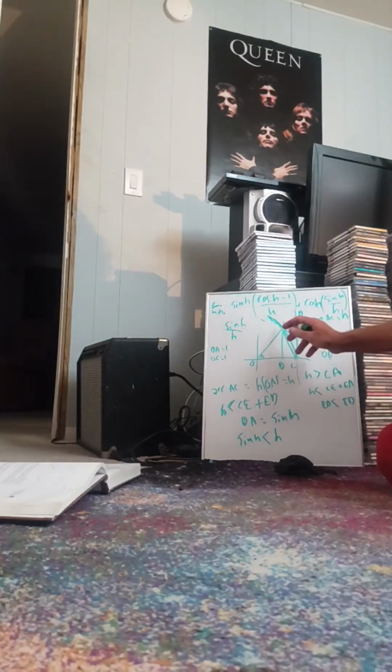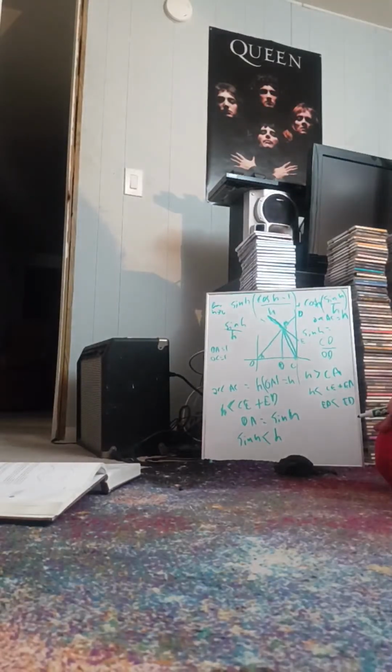And since the radius is 1, H is equal to the arc. So if arc AC is H and sine H is less than arc AC, which it is, then we have a little thing we can do.